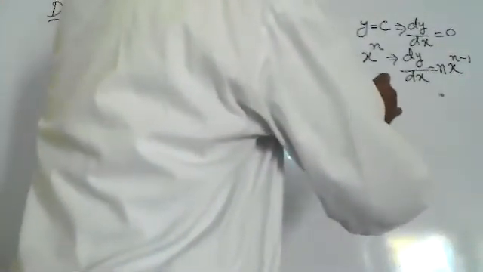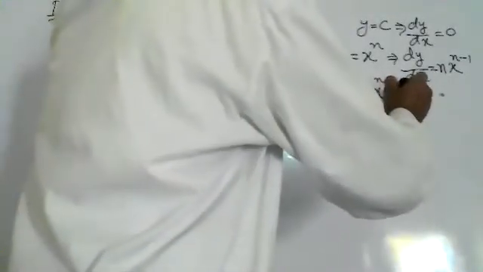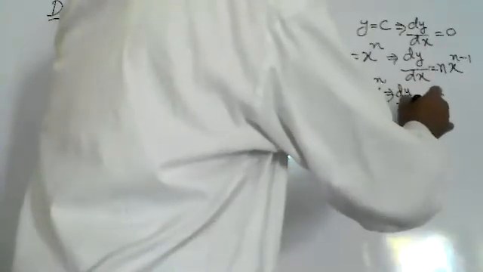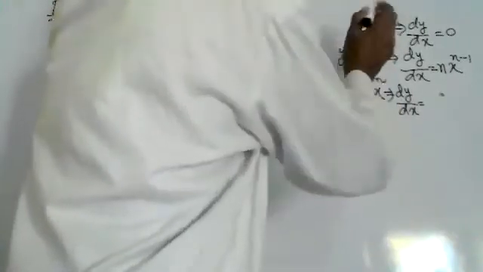The third, y is equal to a x raised to power n. So the derivative of y, dy upon dx, will become: the constant a will remain in its place. If the constant is alone, if there is no x with the constant, the derivative will be 0.